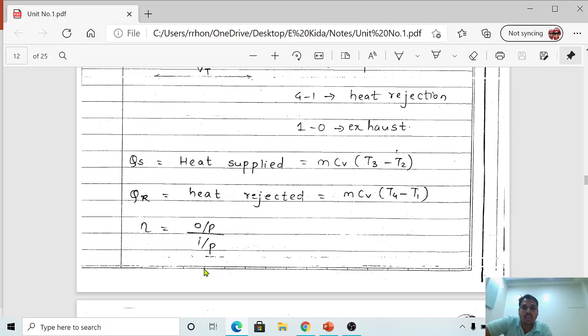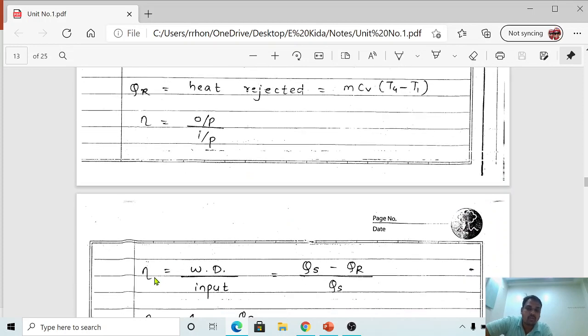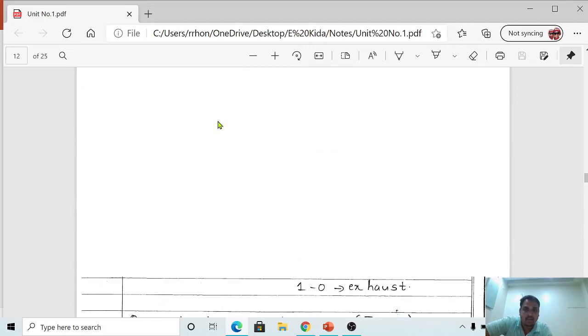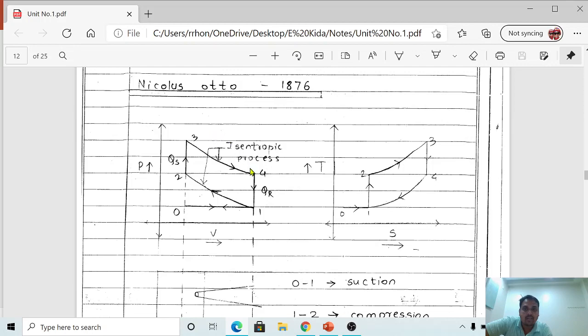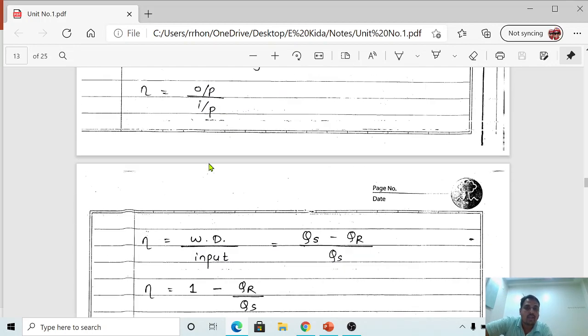So generally, whenever we are going to calculate the efficiency, how can we calculate it? Efficiency is nothing but output by input. So in this case, what is the output and what will be the input? The output is in terms of the work done of the cycle. Whatever work is done by this particular cycle is called the output, and here we can write work done divided by input.